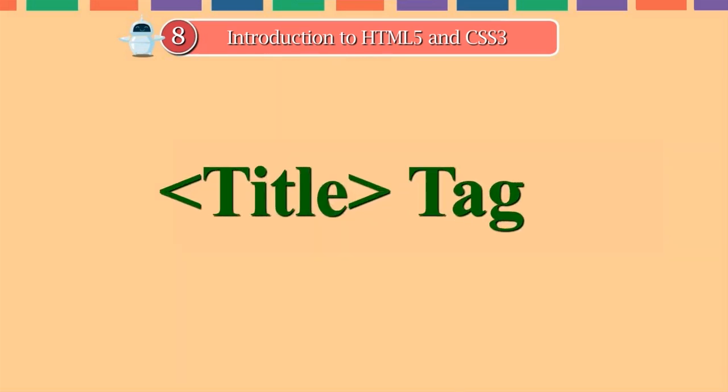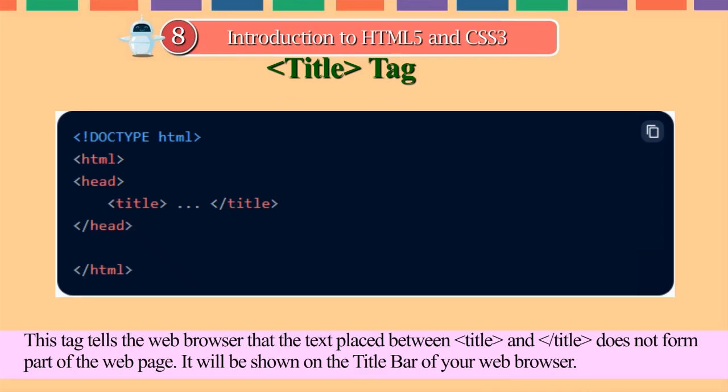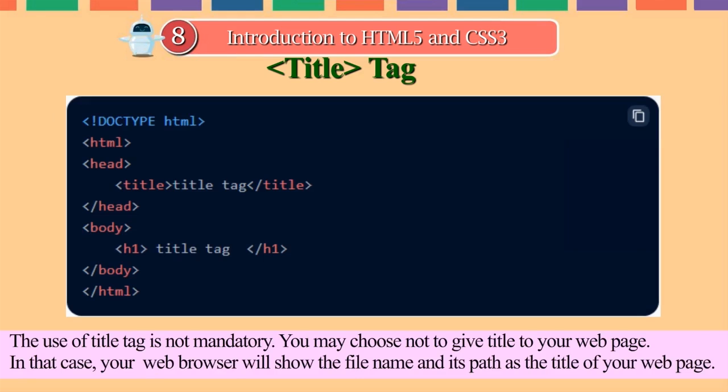Title tag. This tag tells the web browser that the text placed between title and /title does not form part of the web page. It will be shown on the title bar of your web browser. The use of title tag is not mandatory. You may choose not to give title to your web page.